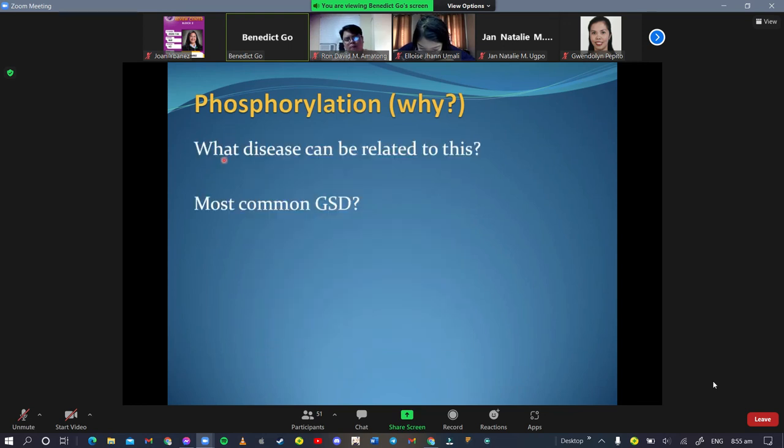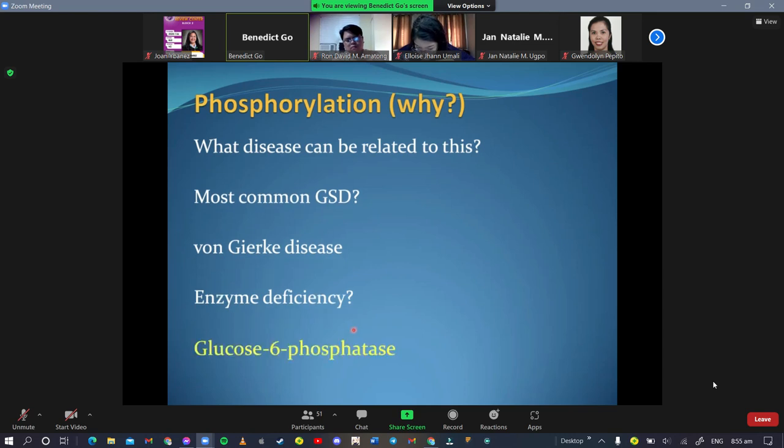So what disease can be related to this? What is the most common GSD, or glycogen storage disease? It's von Gierke's disease. The enzyme deficiency here is glucose 6-phosphatase.